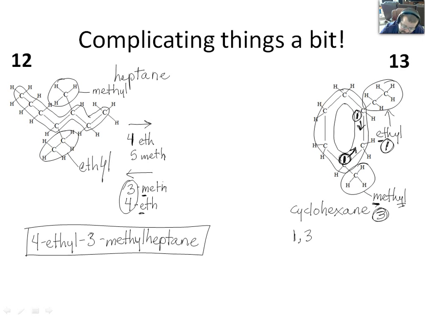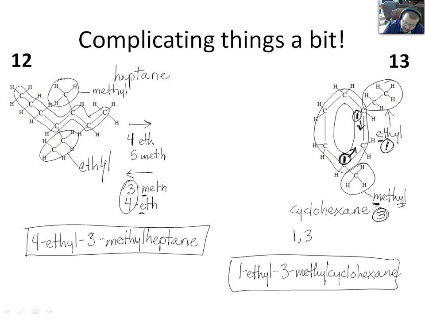So ethyl comes first in the name because it's first in the alphabet. 1-ethyl, 3-methyl, cyclohexane would be the name of this chemical.